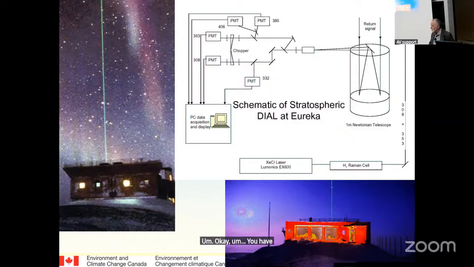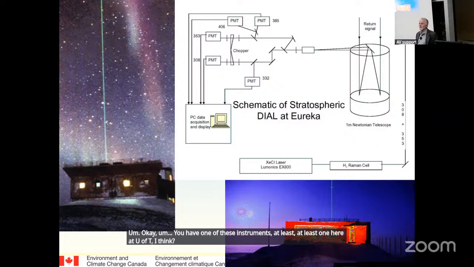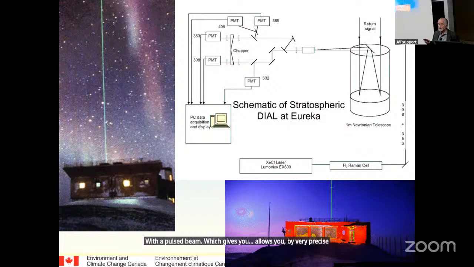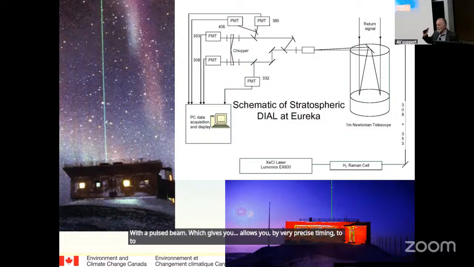You have one of these instruments, at least one here at U of T, I think, a Fourier transform interferometer. Sorry, I'm on LiDAR, pardon me, skipping ahead. We also have laser-based instruments using an ultraviolet laser with a pulsed beam, which allows you, by very precise timing, to tell where the absorption from your backscattered signal is coming from.